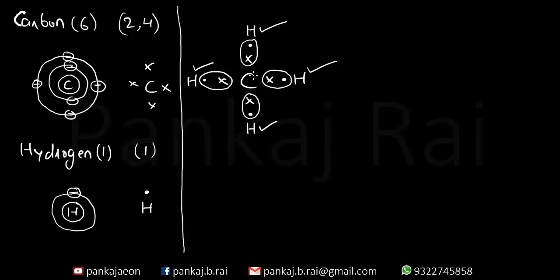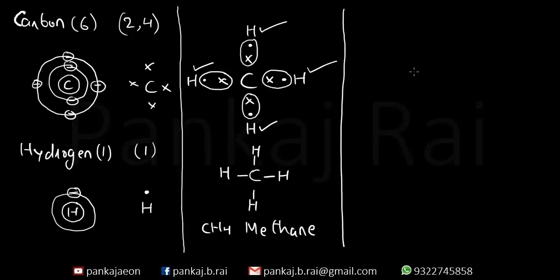So carbon is stable as well. As you can see, there is formation of 4 bonds. That is, a carbon is forming 4 bonds with 4 hydrogens. So this is the structural form of this compound and this is written as CH4, which is called methane. Let us move ahead.